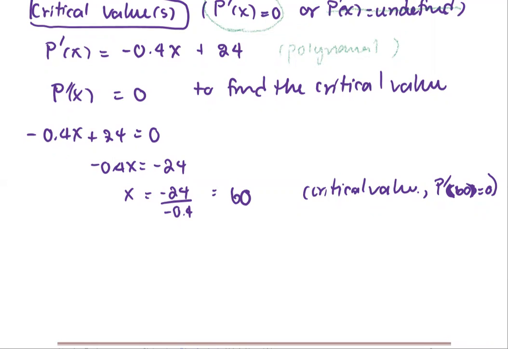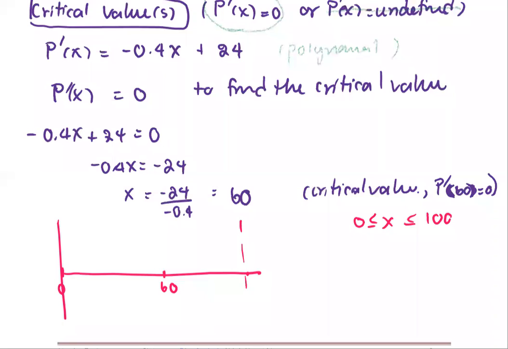So we draw the real number line and locate the critical number 60. Recall x is between 0 and 100, so we do not take the entire real number line. We start at 0 and stop at 100, and look at the left and the right of the critical number.